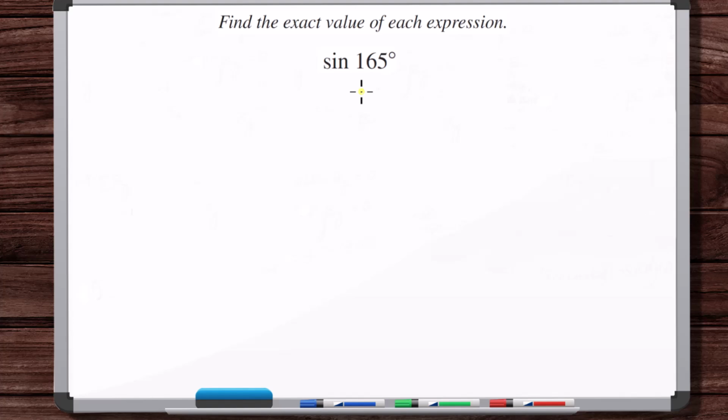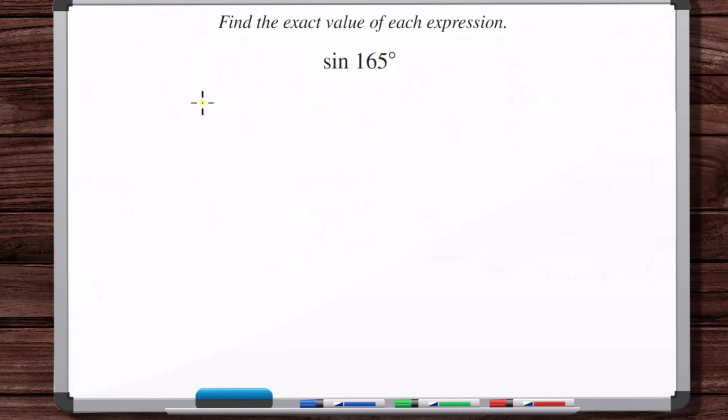But now with the sum and difference formulas, it's opened up the door to where we can find exact values of angles outside of the special angles, or reference angles that are the special angles. What we've seen is that we can now get exact values for angles that are a multiple of 15 degrees. So 15 times 11 is 165. So we can find the exact value of this expression using the sum or difference formula for sine.